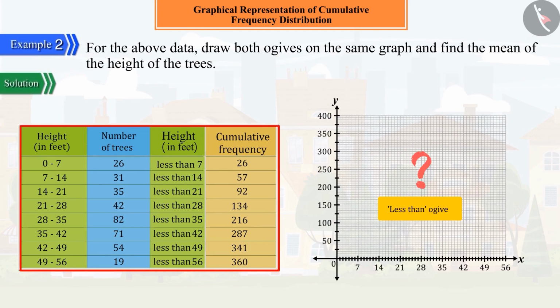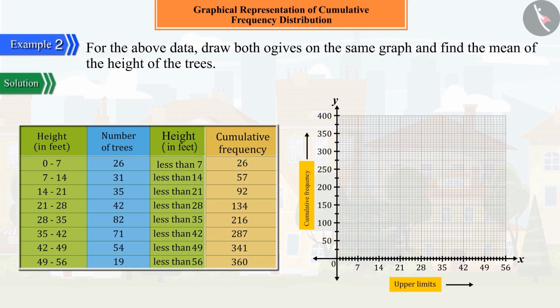So can you draw less than type of ogive with the help of the above distribution? Well done! To represent the data graphically, mark the upper limits on the x-axis and cumulative frequencies on the y-axis, where upper limits indicate the height of trees and cumulative frequencies indicate the number of trees.